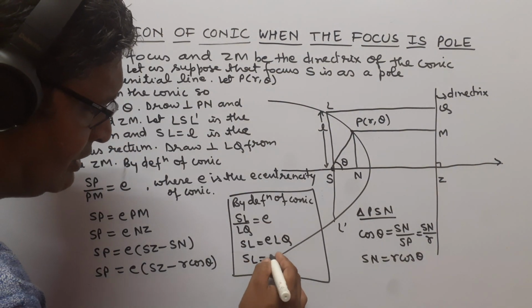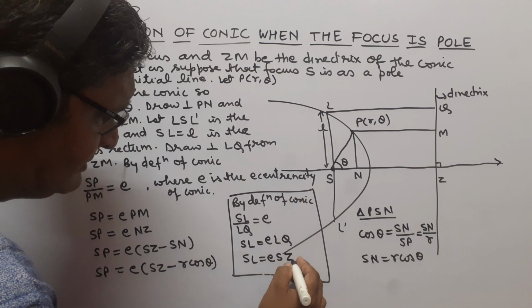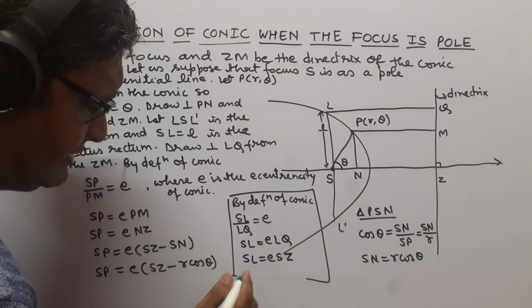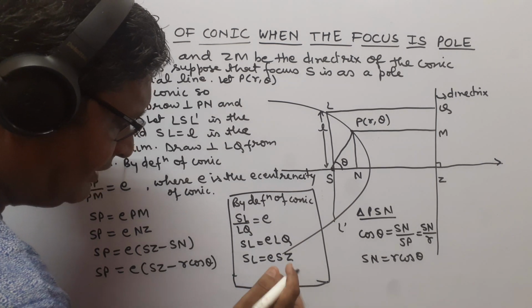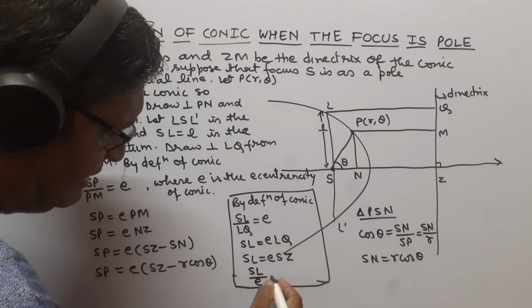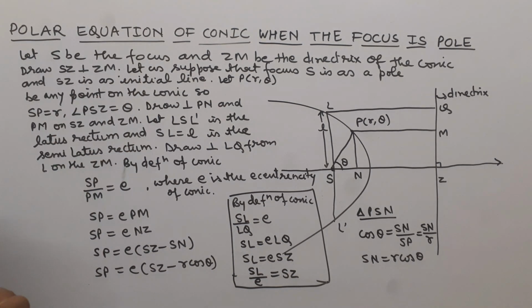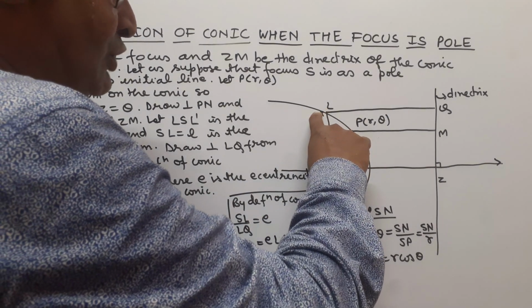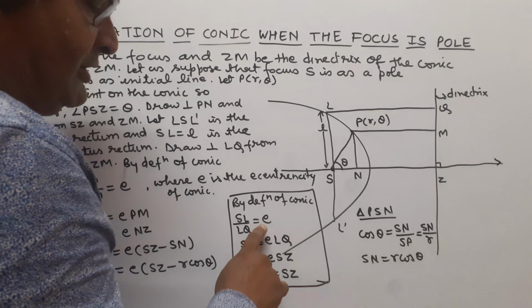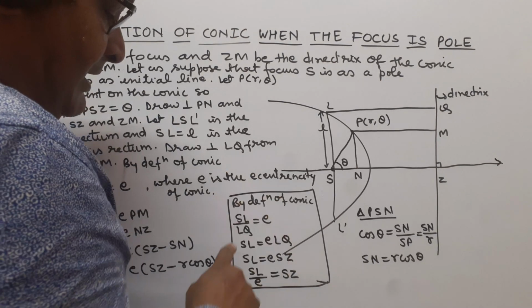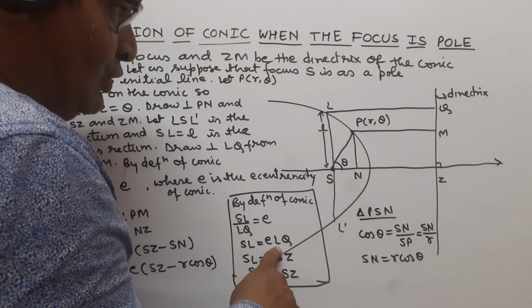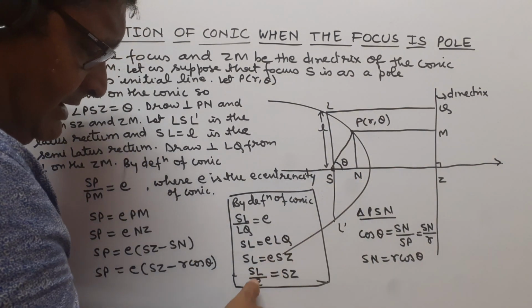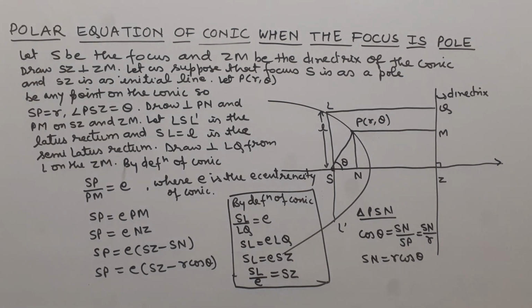So SL is equal to e into SZ, and SL upon e is equal to SZ.